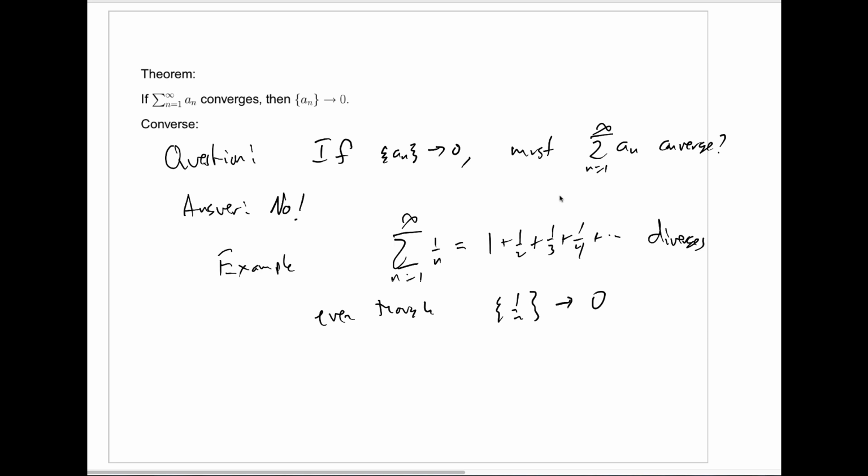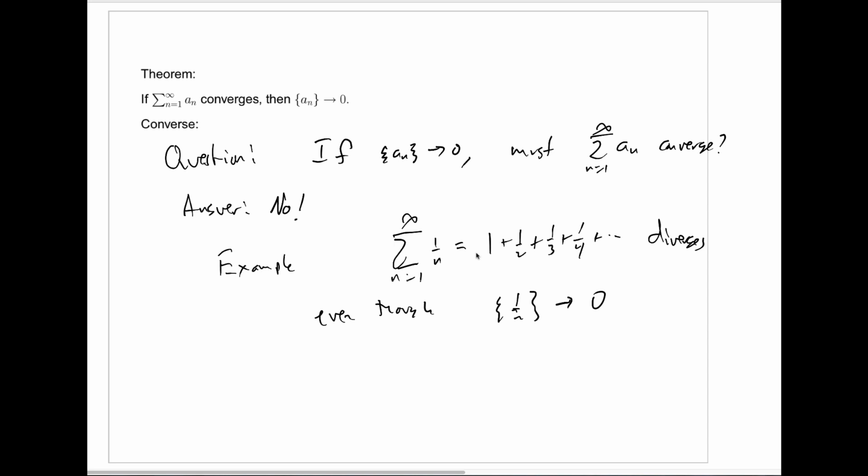In other words, having the individual terms tend to 0 is not strong enough to get the series to converge. This still diverges. We showed this in an earlier video lecture. Be sure you've seen that one. We're going to see other examples of the same sort of thing, where you have sequences that tend to 0, where the sum can still diverge.